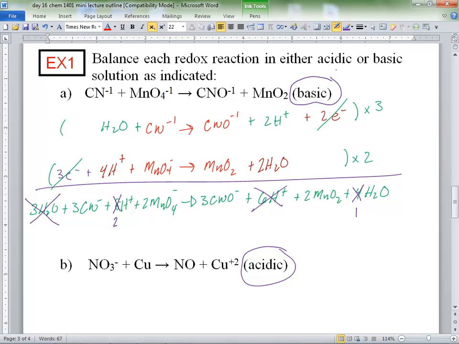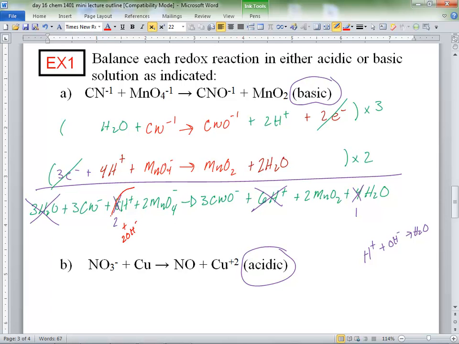So if you have one H plus, how many hydroxides would you add to make water? One of them. And then we'd make 1 water. Well, we have 2 H pluses. So we have to add how many? 2 of them. So plus 2 OH negative.